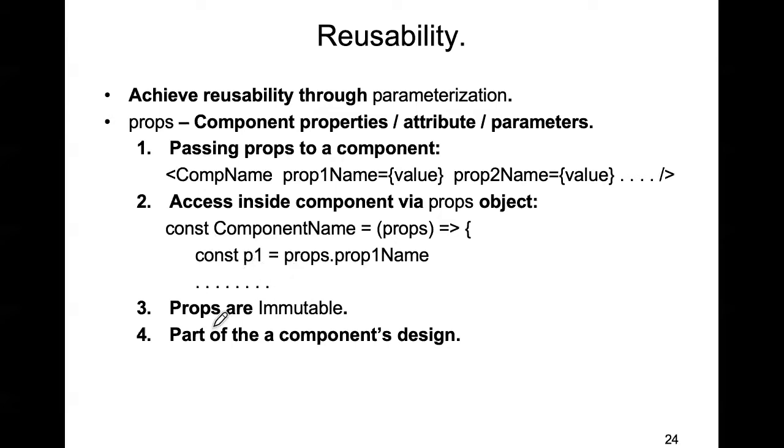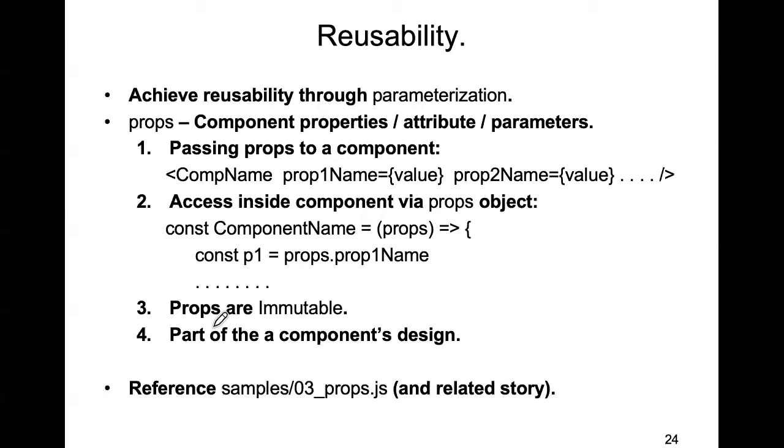This becomes part of your design process when you're designing components, deciding what props this component should have based on whatever the purpose of the component is. So I suppose we look at sample 3.